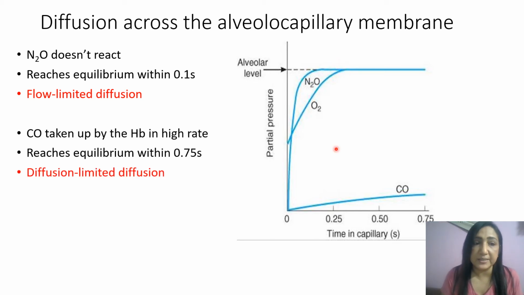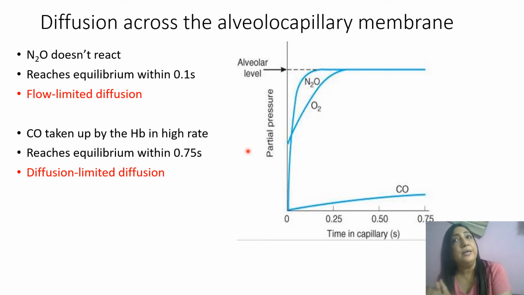Now next is carbon monoxide. Carbon monoxide is taken up by the hemoglobin at a high rate, 210 times more than oxygen, and it reaches equilibrium within 0.75 seconds. That means it is binding with the hemoglobin at a very high rate. Whatever carbon monoxide comes from the alveoli to the pulmonary capillary is taken up by the hemoglobin.